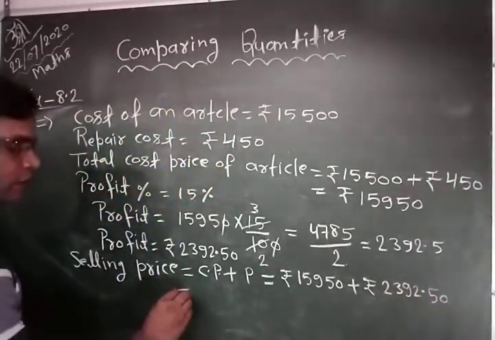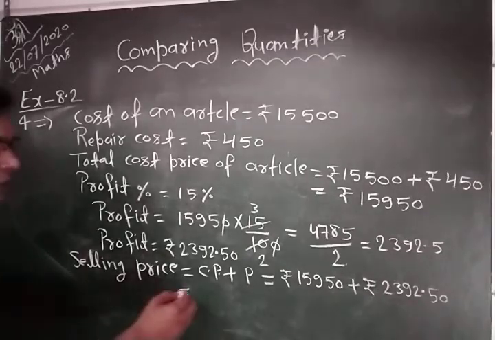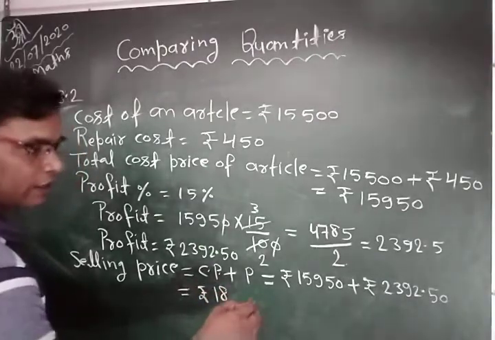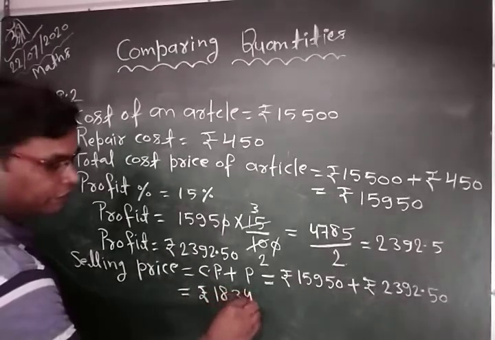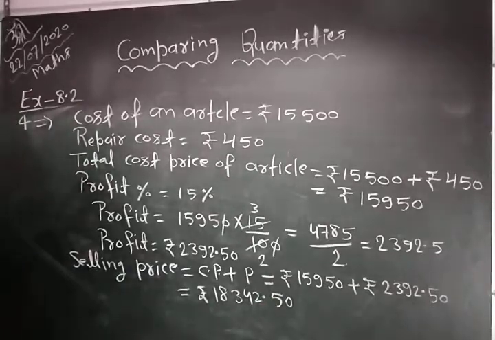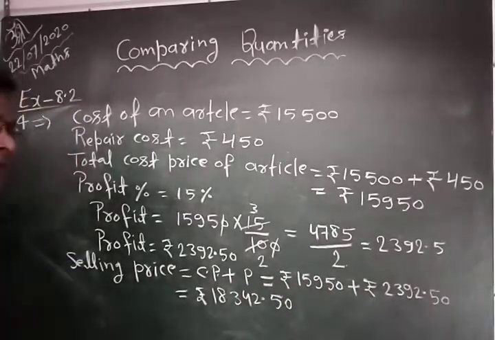Okay, so what is the total selling price? It becomes rupees 18,342.50. Clear? Okay, this is clear.